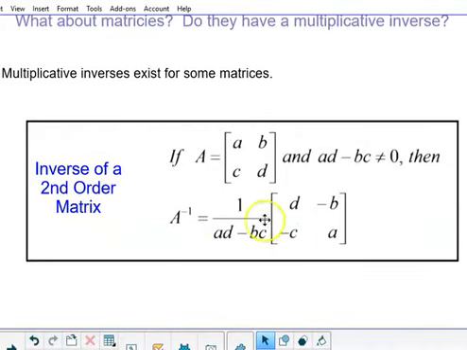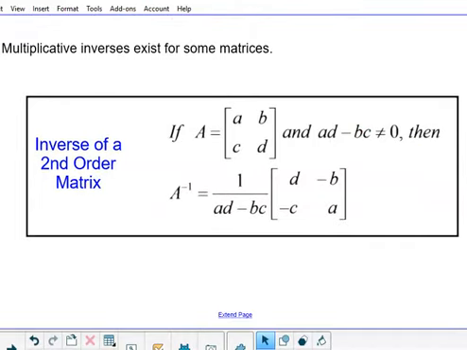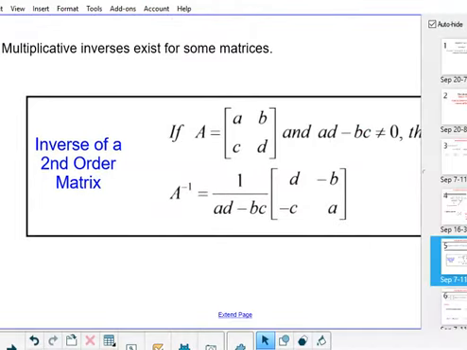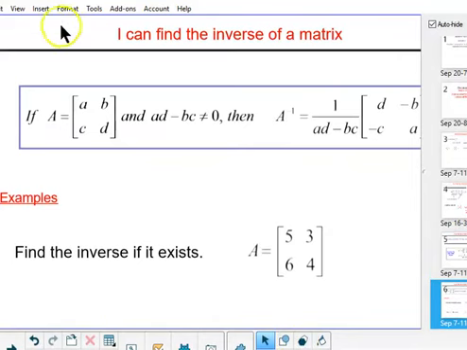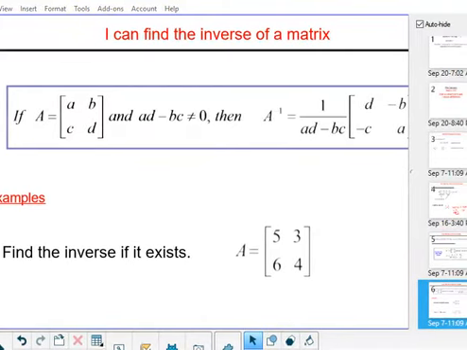The reason is that part of finding the inverse is putting 1 over the determinant, and remember how you cannot have 0 in the denominator. So if we do, then we say there is no inverse. Okay, we'll try a couple examples of those.